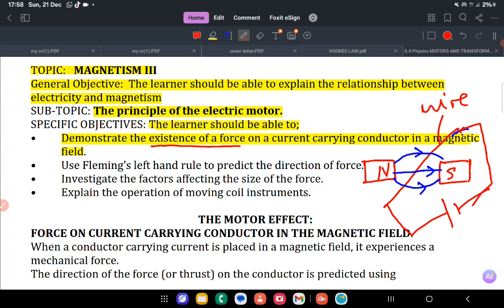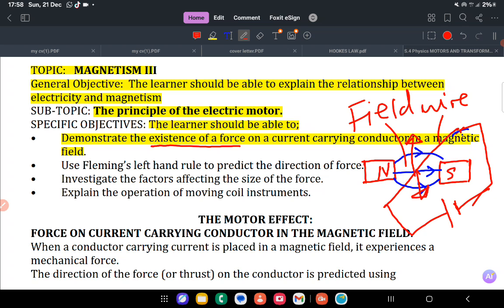So we have a field, a magnetic field, shown by the magnetic field lines. Once the circuit is completed, then the wire will be seen to move up and down.